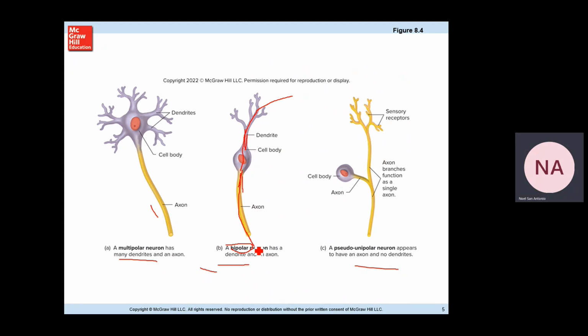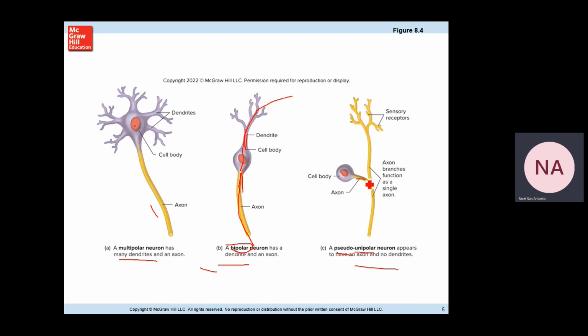And then the third type of neuron is called a pseudo-unipolar neuron. Pseudo means false. This pseudo-unipolar neuron appears to have an axon but has no dendrites. That is why it is called pseudo-unipolar. So here, it really has no dendrites.